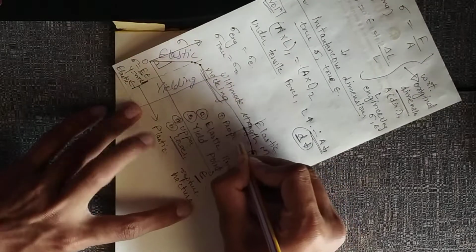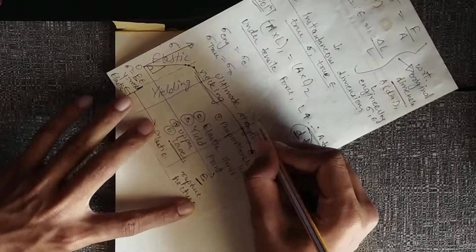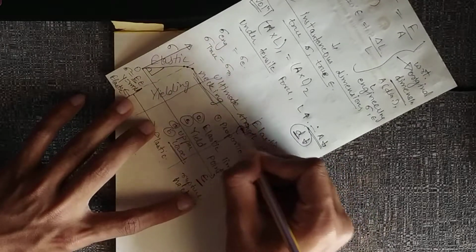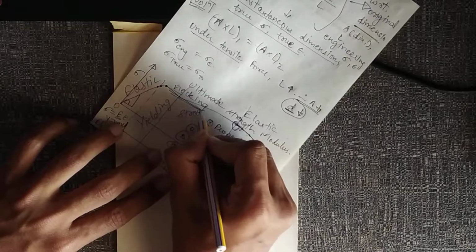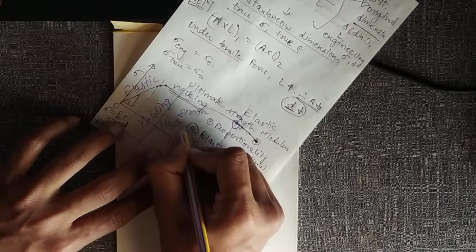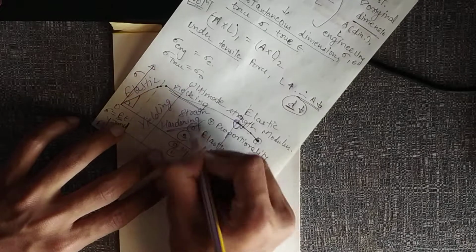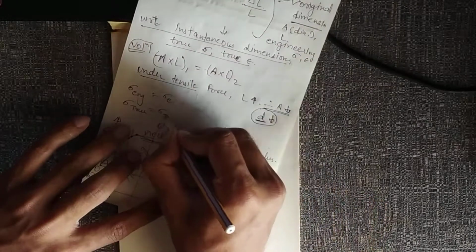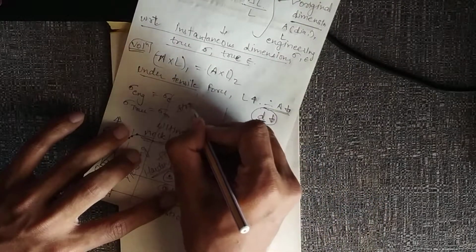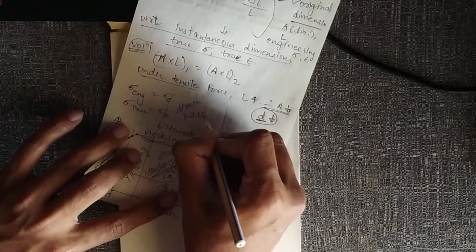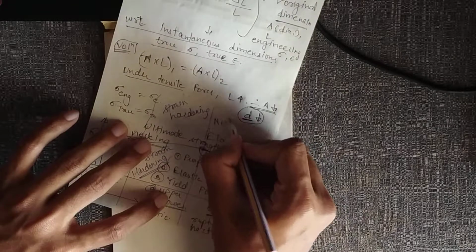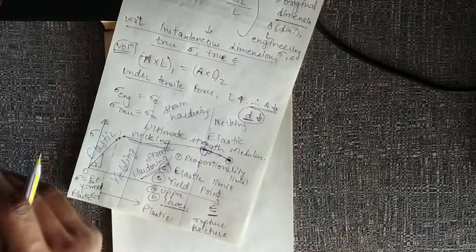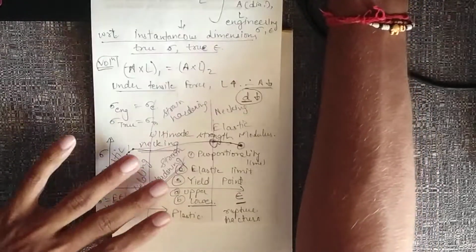Then till the point of ultimate strength, this is the strain hardening region. And the last region is necking, which I described earlier. Strain hardening is a very interesting thing.